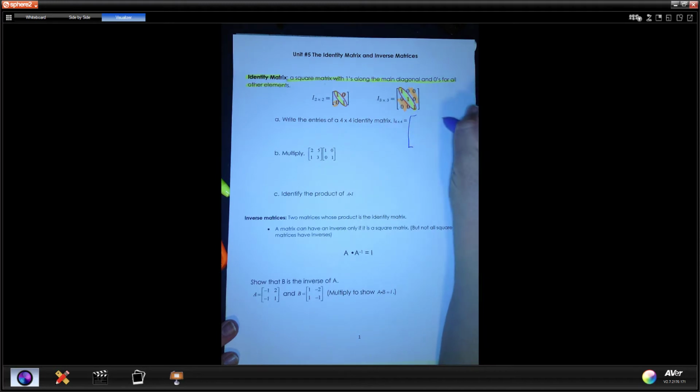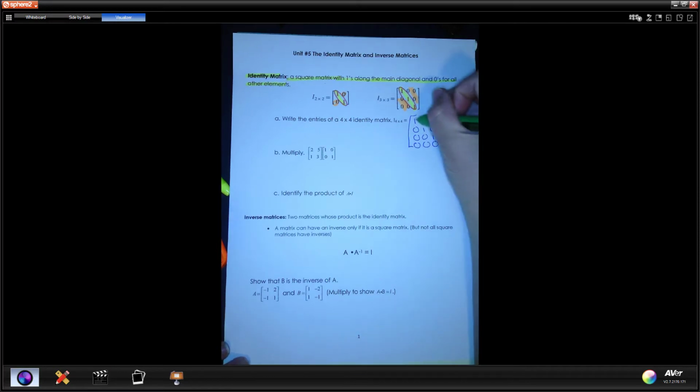So we know it has 4 rows, 4 columns, so we're going to have 1, 0, 0, 0, 0, 1, 0, 0, 0, 0, 1, 0, and then finally 0, 0, 0, 1. We have our main diagonal of ones with our zeros above and then our zeros below.